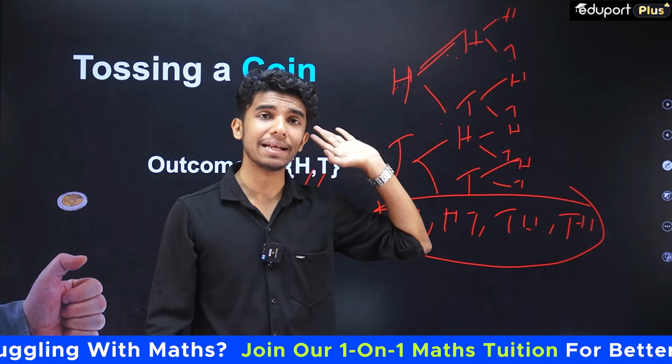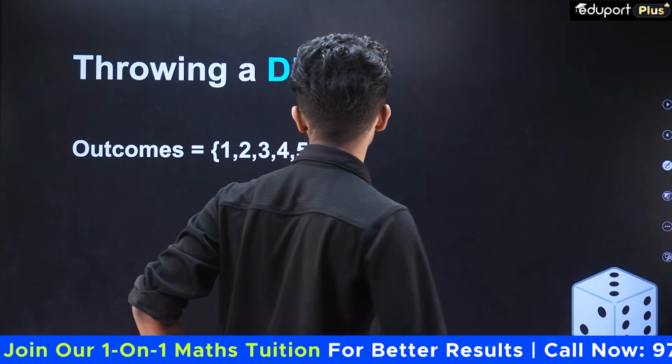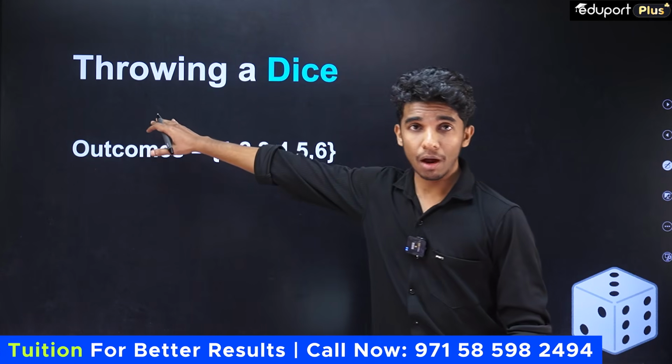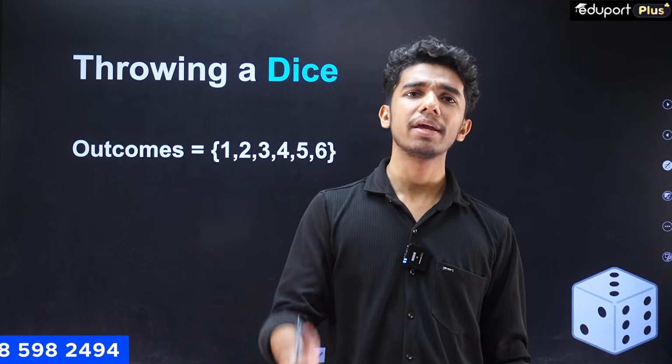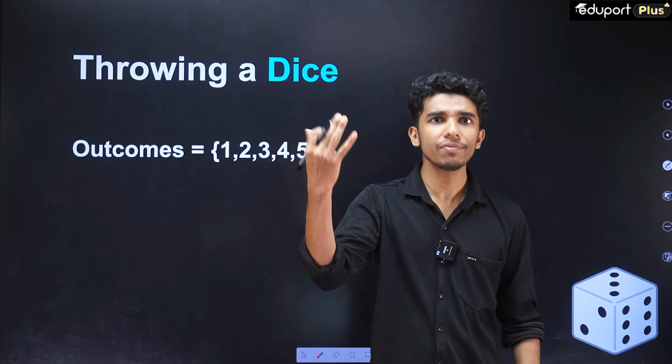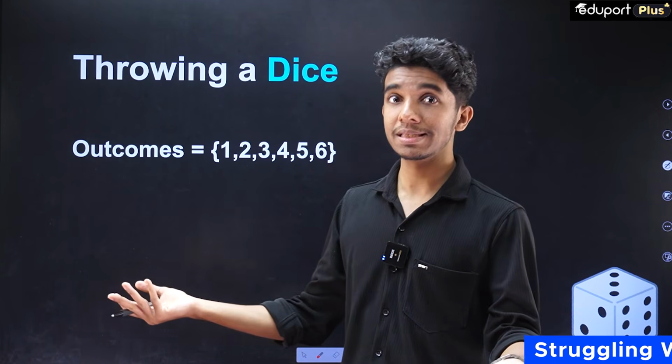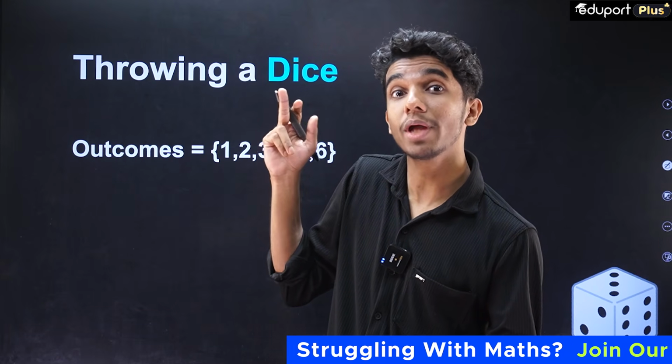Similarly, you have to understand the outcomes of a die. What will be the outcomes of the die? If you toss a die, the outcomes are 1, 2, 3, 4, 5, 6. What happens if I toss 2 dice?